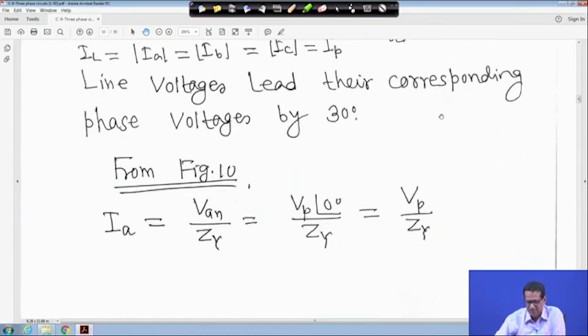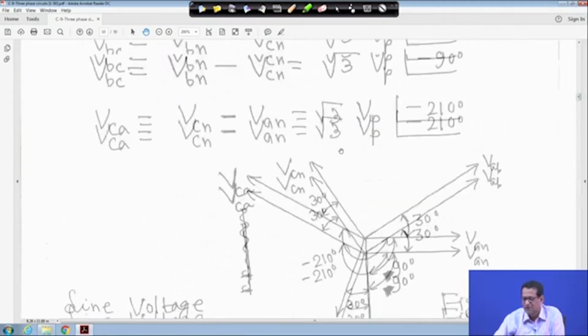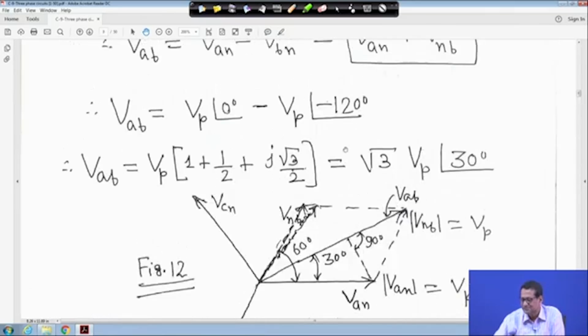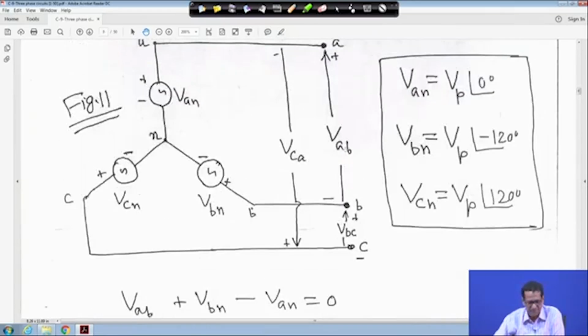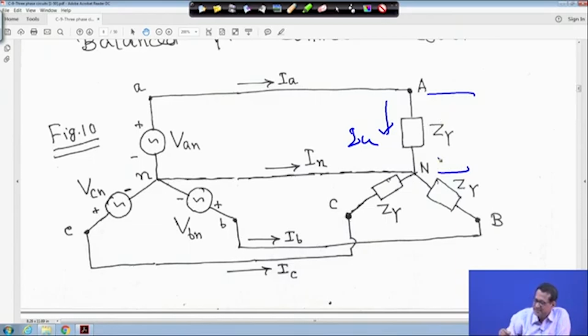And from figure 10, if you come to figure 10, here it is. From figure 10, this current is entering here, IA, and the voltage here is VAN. That means my IA is equal to VAN divided by Z star, that is ZY.